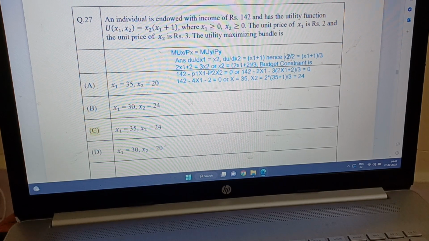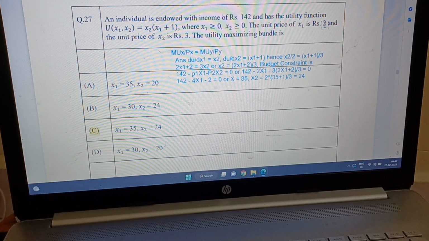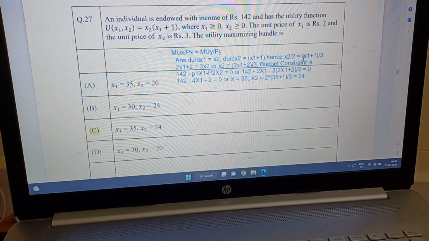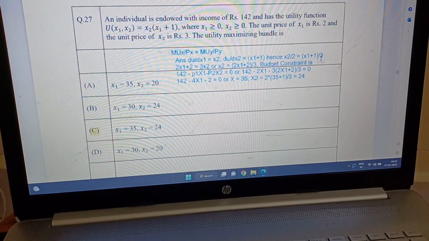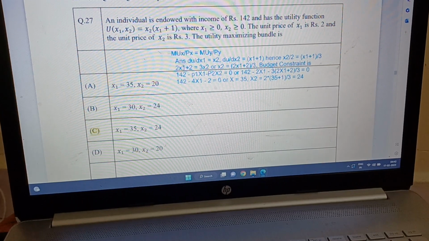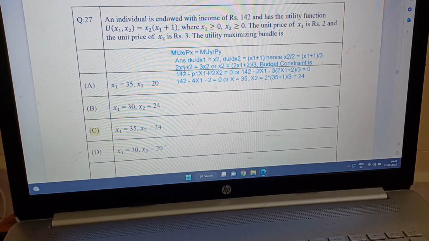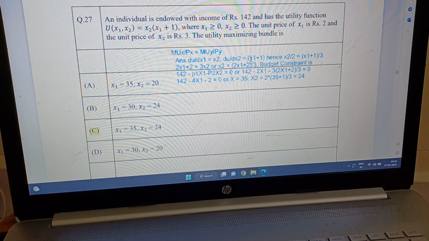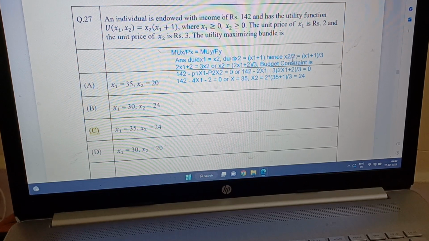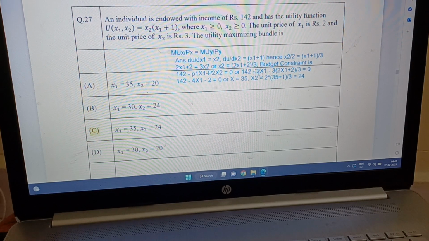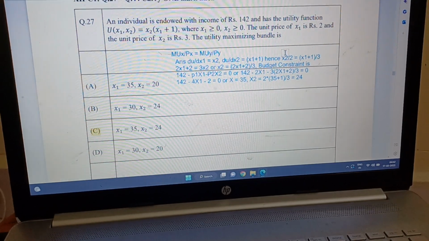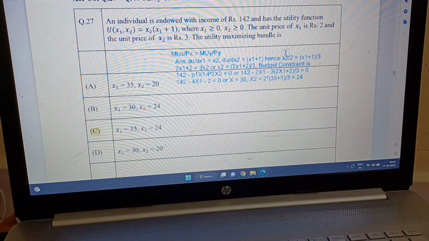So x2 by 2, which is MUx by Px, Px1 is 2, is equal to (x1 plus 1) by 3, and then it is just algebra. I did the cross multiplication, so 2x1 plus 2 is equal to 3x2, or x2 is equal to (2x1 plus 2) divided by 3.